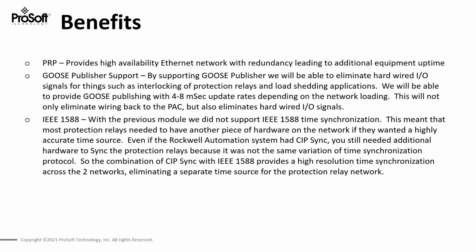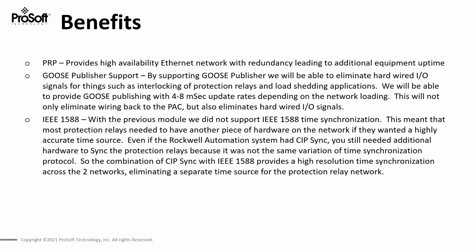PRP is what's used on a lot of the power protective relays, so we can now support that, along with the GOOSE Publisher, which provides that fast ability to push data out to the protective relays on the network. And the 1588 time synchronization and SNTP allow you to eliminate a separate time source.